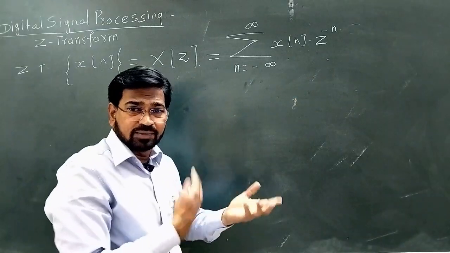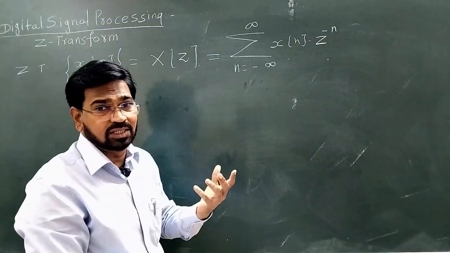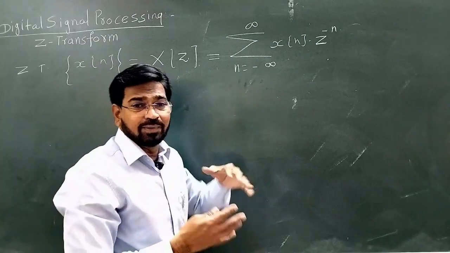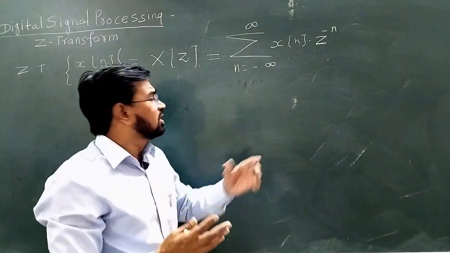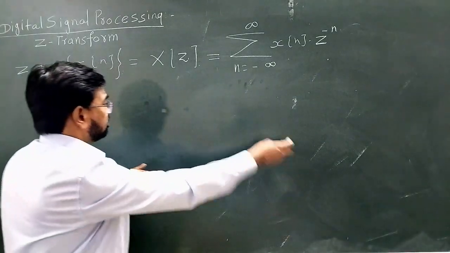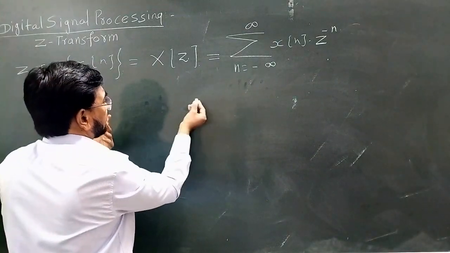There are two sides, the left side of the sequence and the right side of the sequence. We are not considering any special case here, whether the sequence is causal, non-causal, or anti-causal. We are writing the general case. So n can take any values.